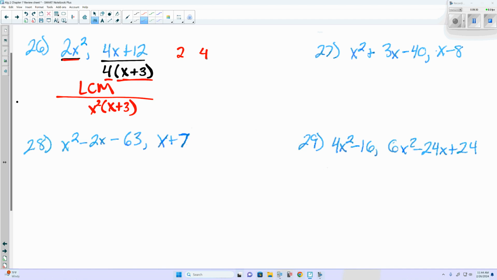Because 8 would work, but it wouldn't be the least. Unfortunately, we can't turn 4 into 6. If I look at the multiples of 2: 2, 4, 6, 8, 10, 12, yes? Multiples of 4 are 4, 8, 12, 16, 20.